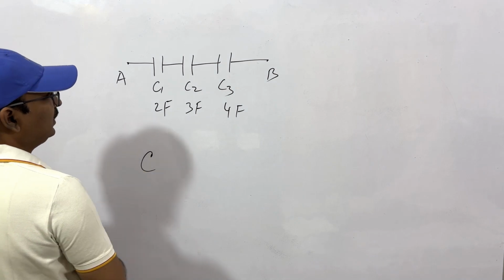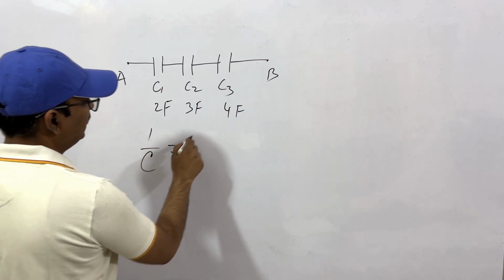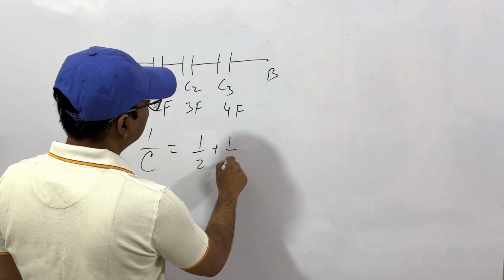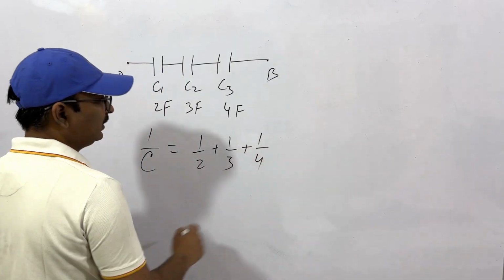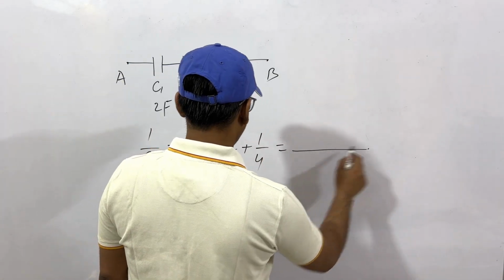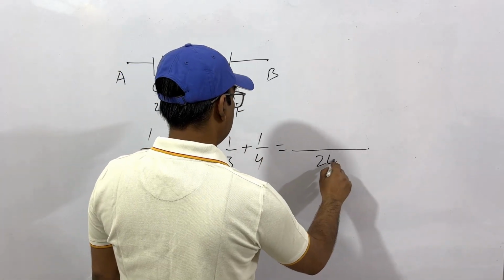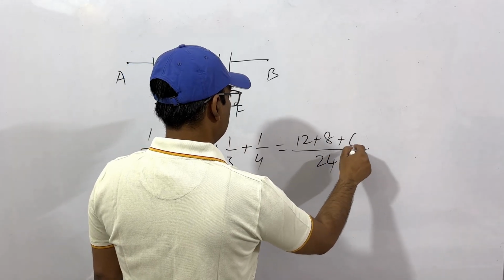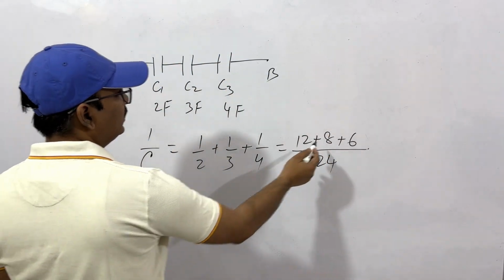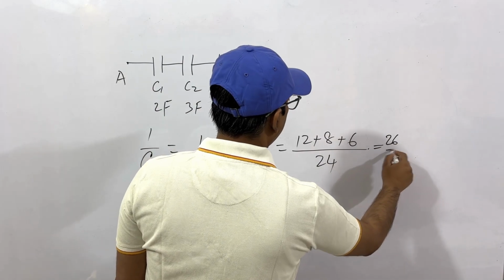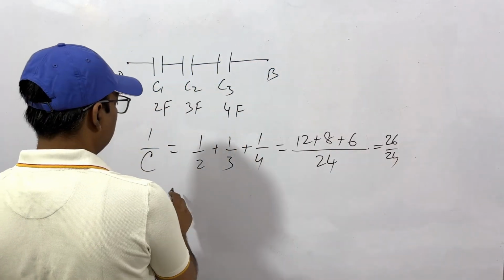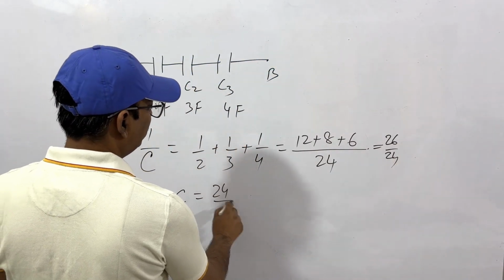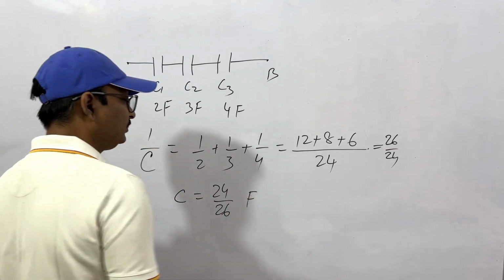So you know, in case of series, 1 by C will be 1 by C1 plus 1 by C2 plus 1 by C3. So what you get is 26 by 24. Okay, so C is 24 by 26 farads.